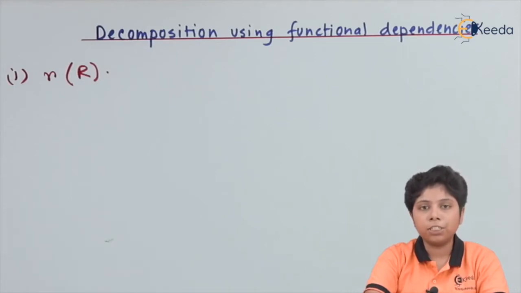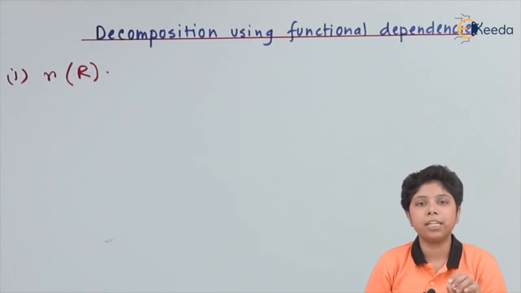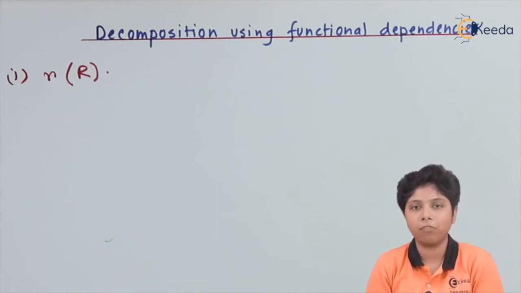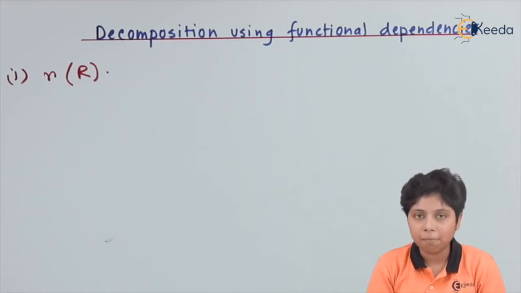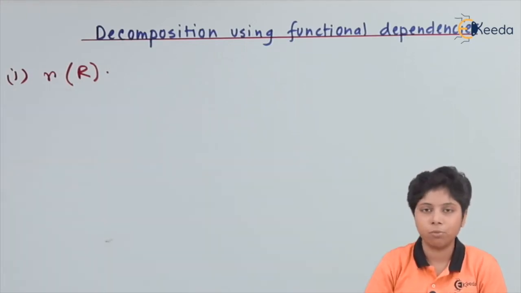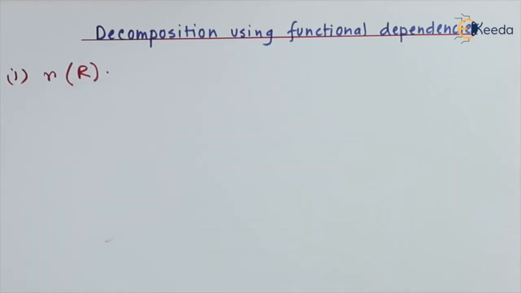For other notations, we could use capital R as a relation name, but we stick to distinct notation so that it will not get mixed up when I am referring to the set of attributes and when to the relation name. So for my example, I am using small r as the relation name and capital R as the set of attributes.